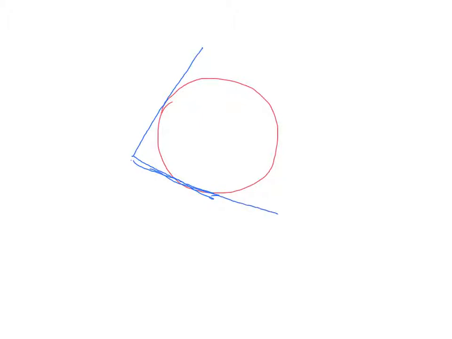We'll pretend. Every side of the polygon is tangent to the circle. If that is the case, our polygon is said to be circumscribed about a circle. So a polygon with all sides tangent to a circle is called a circumscribed polygon. All right, that's it for now.